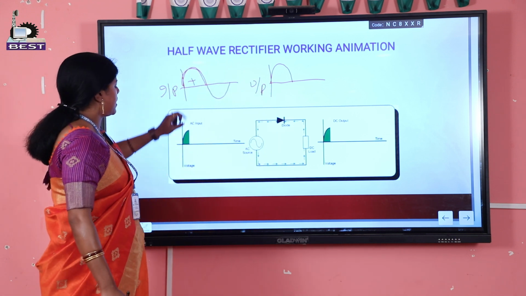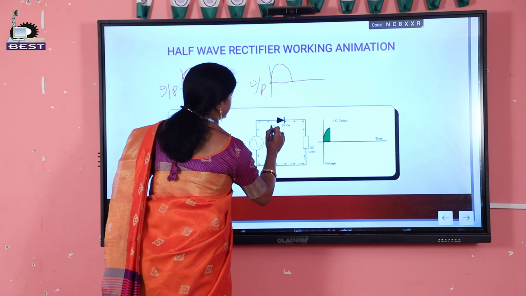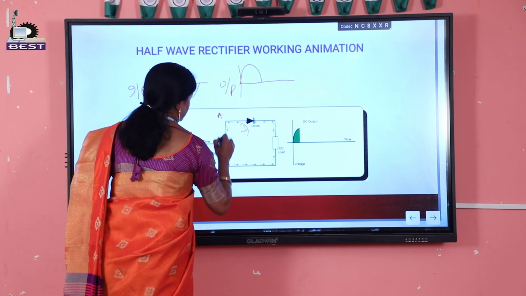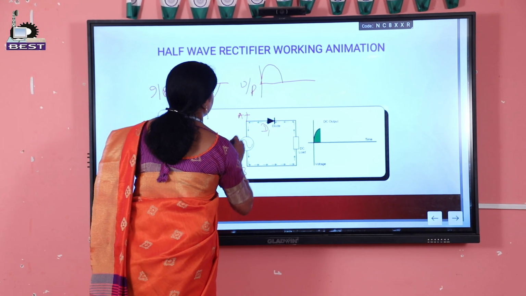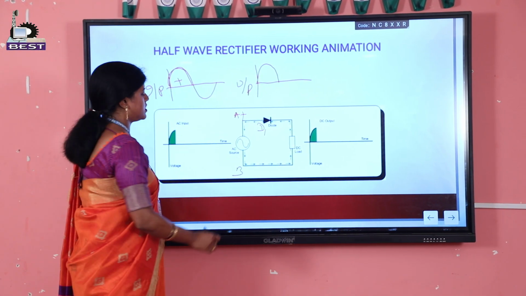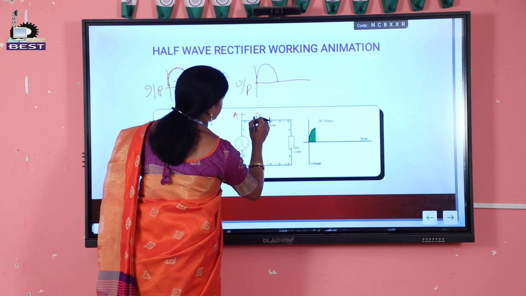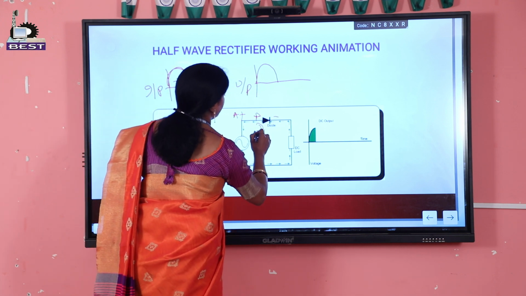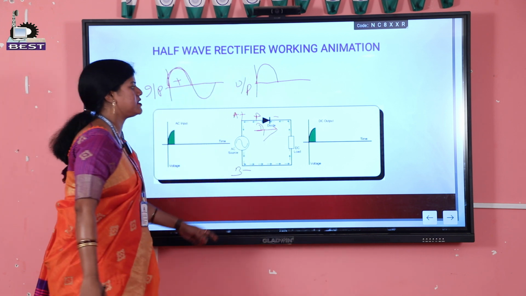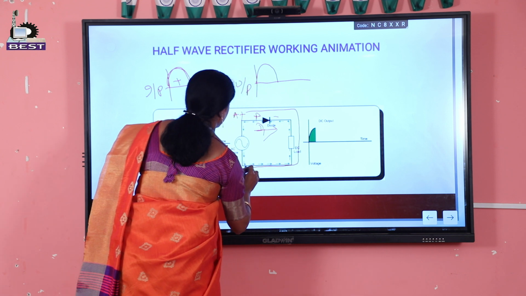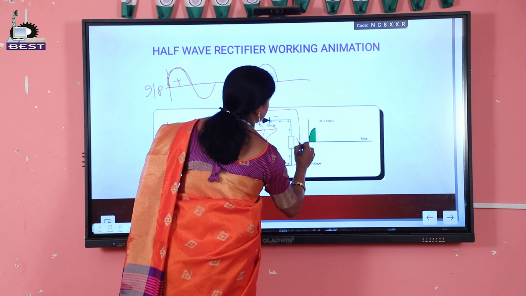During the positive half cycle, in the half wave rectifier, diode D1 has terminal A and this one is terminal B. During the positive half cycle, A terminal is positive and B terminal is negative. Then the diode is in forward biased condition. That means diode D1 is on, so current flows through this circuit and we get the output across the load resistor.